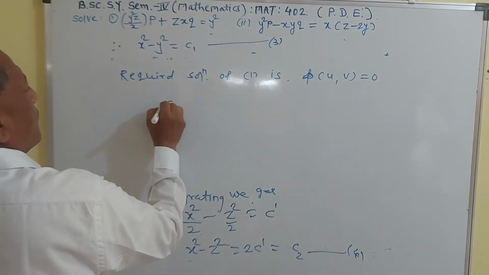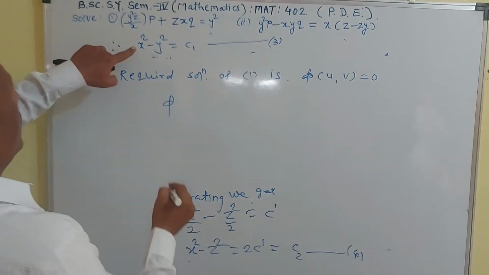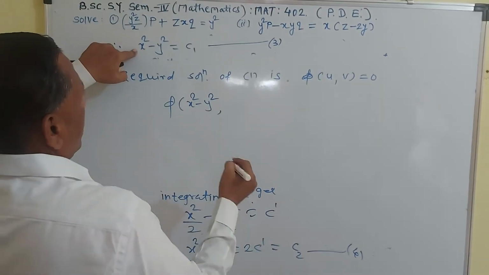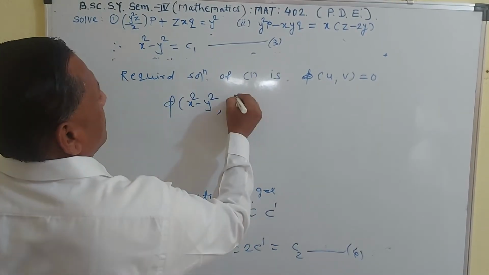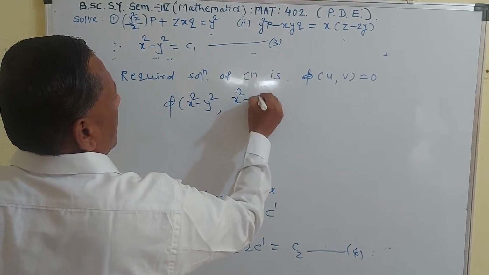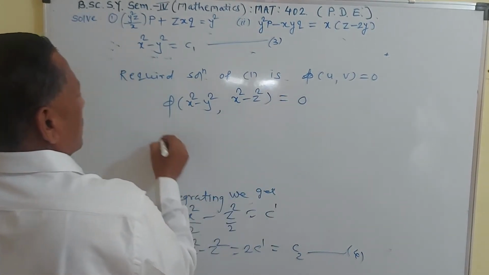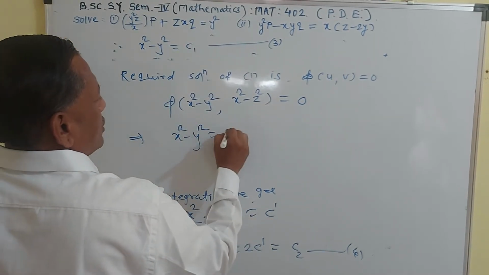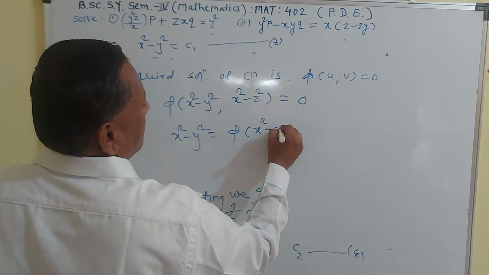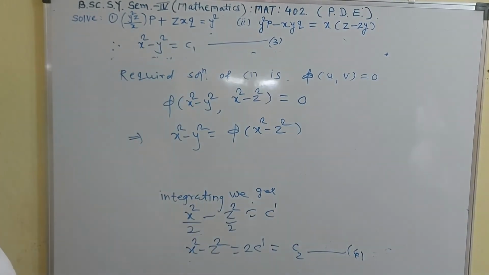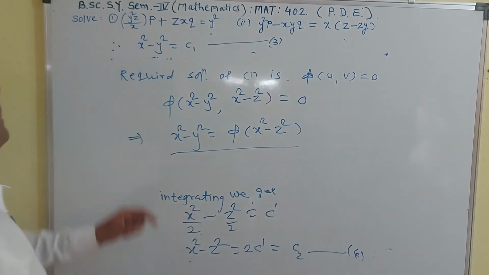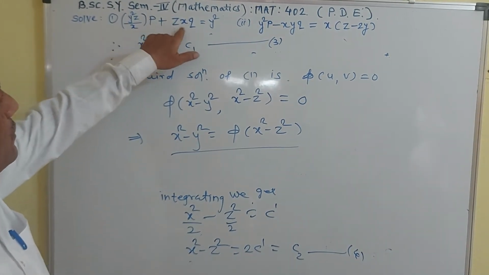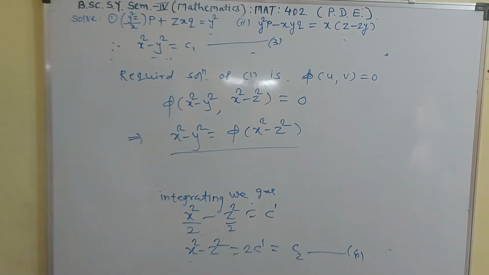That is phi of u, which is x square minus y square, comma v, which is x square minus z square, is equal to 0, or x square minus y square is equal to phi of x square minus z square. So this is the solution of the given partial differential equation y square z upon x into p plus zx into q is equal to y square.